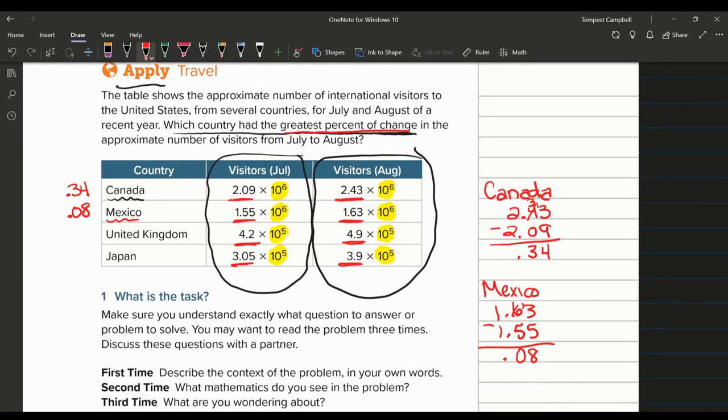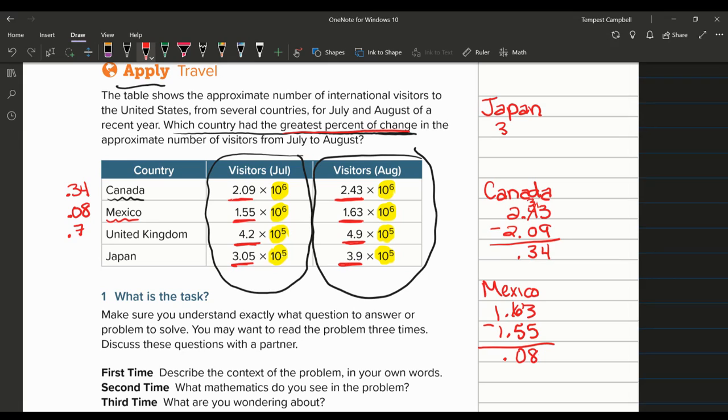Now let's look at United Kingdom, 4.2 and 4.9. That's an easy difference of 0.7, because 7 plus 2 is 9. Then we have Japan, which is 3.05 and 3.90. For Japan, I'm going to write this up here.